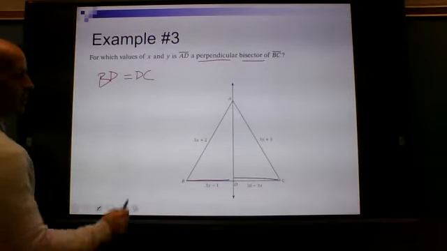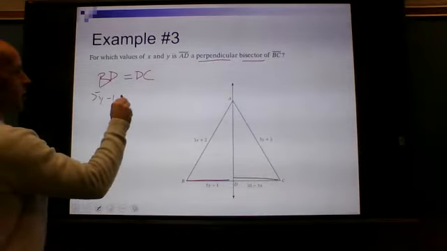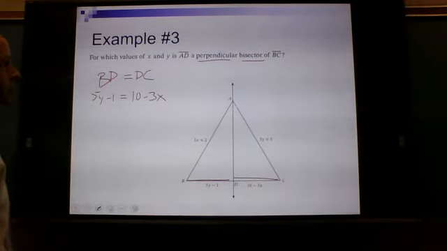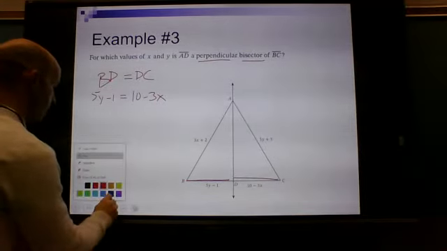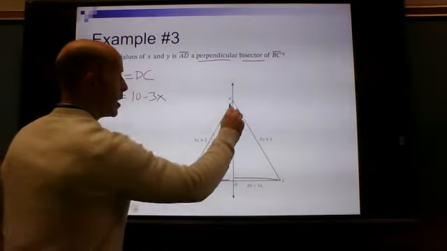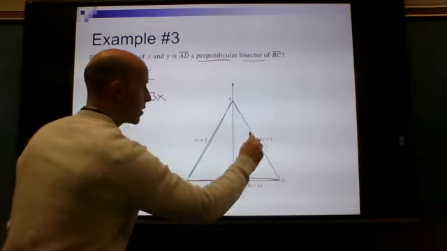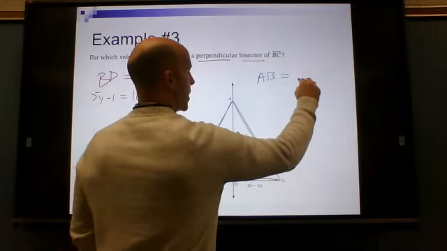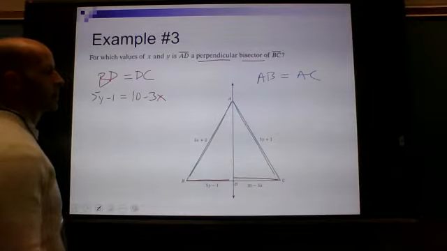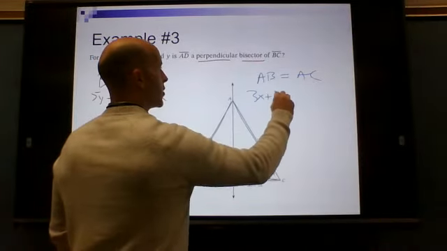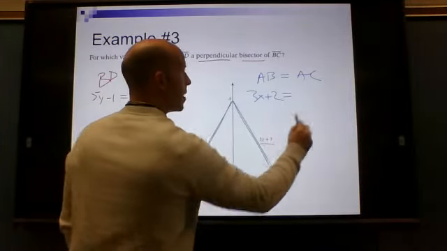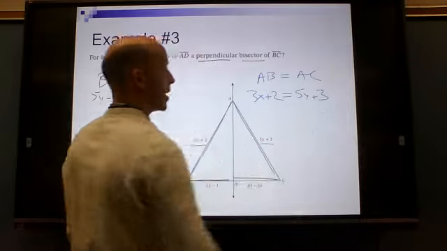BD is 5y minus 1, and DC is 10 minus 3x. Similarly, this distance has to be congruent to this distance. In other words, AB has to be equal to AC. So 3x plus 2, because that's what AB is, has to be equal to 5y plus 3.